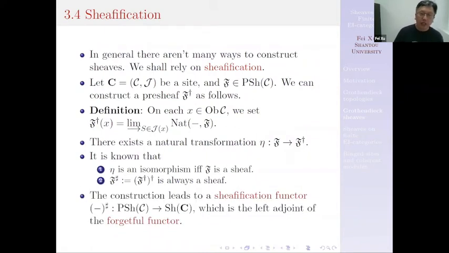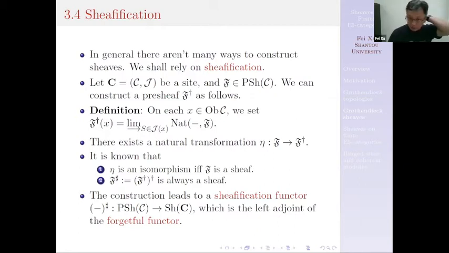Actually, sheafification is a functor from the category of presheaves on the site C to the category of sheaves on the site C, and it is the left adjoint of the forgetful functor, and it is an exact functor. So next, we're going to compute the limit.